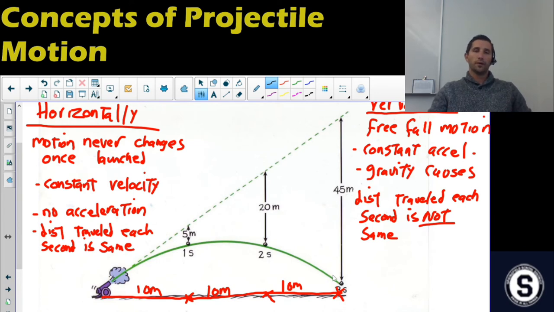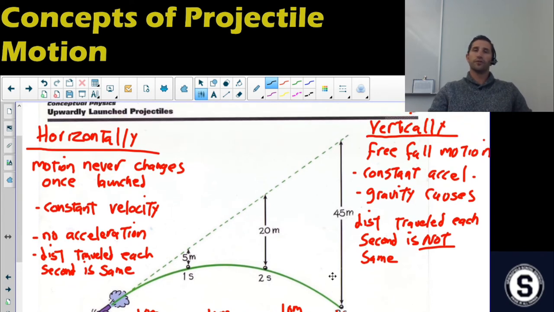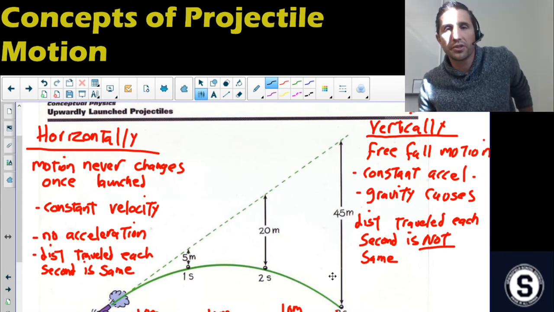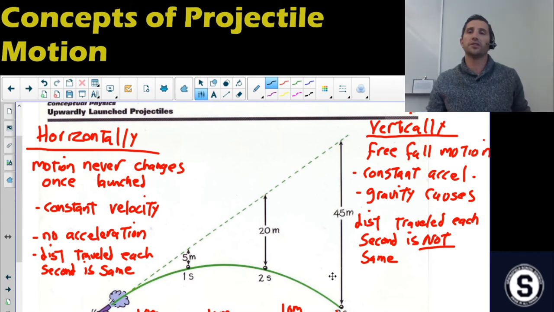But vertically, totally different story. Vertically, we have free fall. This object's under the influence of gravity, which means it's going to have a constant acceleration downwards. And so the distance it travels vertically doesn't stay the same.